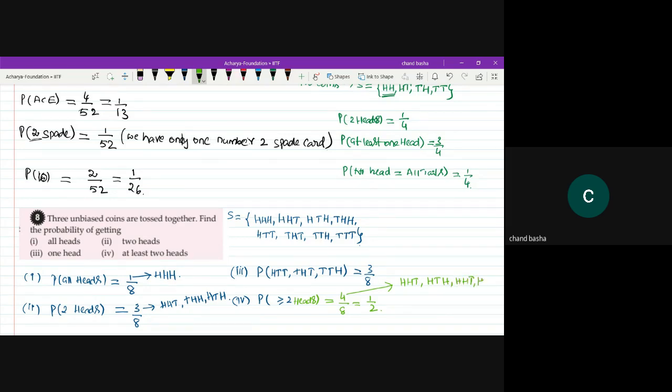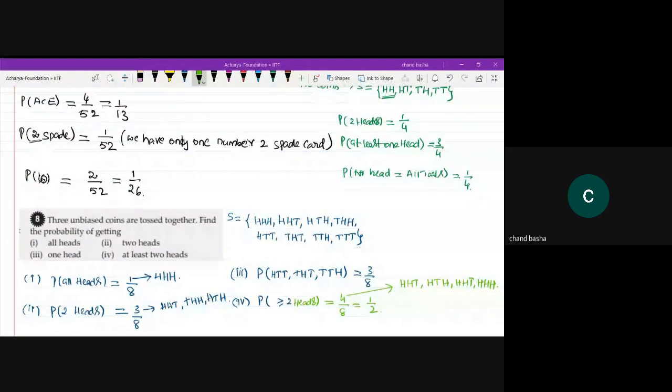Even all heads is also included because 3 heads are there. Minimum, at least means minimum 2, even more than 2 are also included. More than 2 means maximum I can take 3 heads only, because we can have only 3 coins.